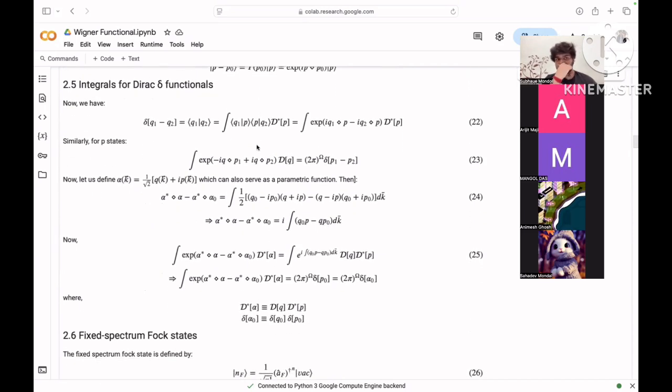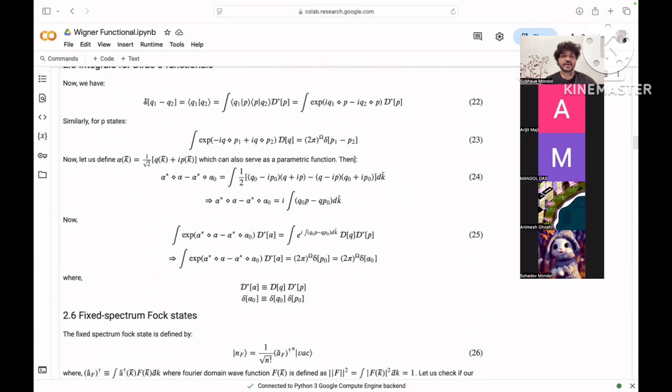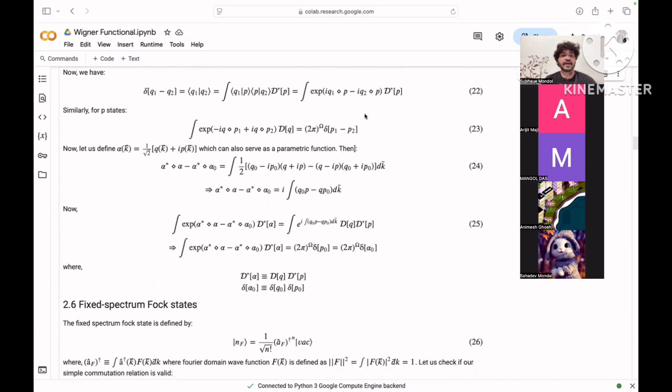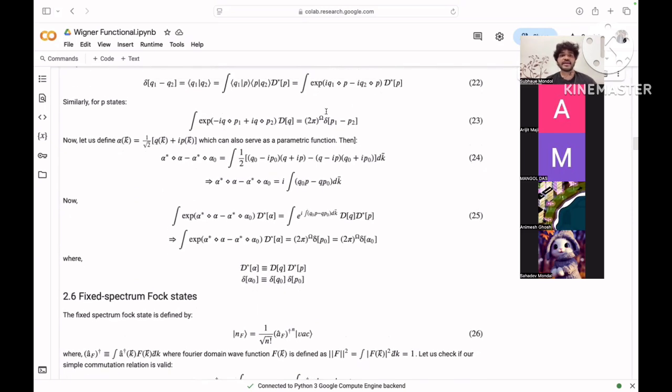Also, we will discuss the integrals for the Dirac delta function. We study integrals of the form in this way. Delta of Q1 minus Q2 can be written like this, as we already know. And similarly for P states, we can write like this.